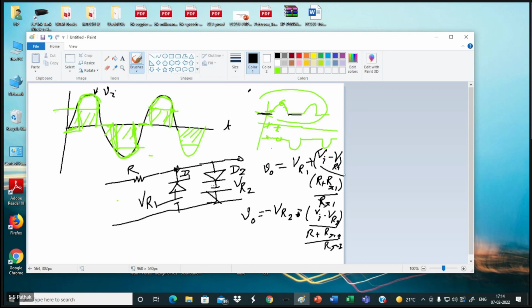If negative, this voltage VR2 is greater than, in negative direction, this is forward bias. If it is smaller than VR1, so between VR1 and VR2, both of them are forward biased. Between VR1 and VR2, Vi is less than VR1 and Vi is greater than VR2 in negative direction, both the diodes are forward bias. So what is my reference? V naught.